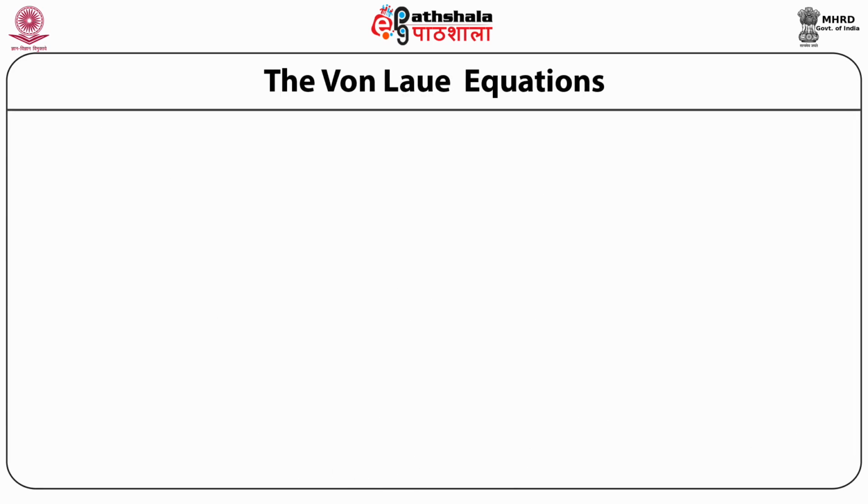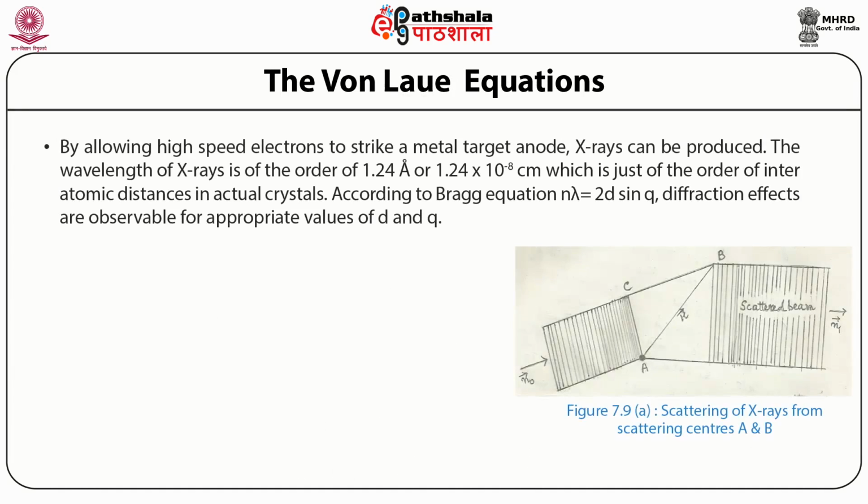The von Laue equations. By allowing high-speed electrons to strike a metal target anode, X-rays can be produced. The wavelength of X-rays is of the order of 1.24 angstroms or 1.24 times 10^-8 centimeters, which is just of the order of interatomic distances in actual crystals.